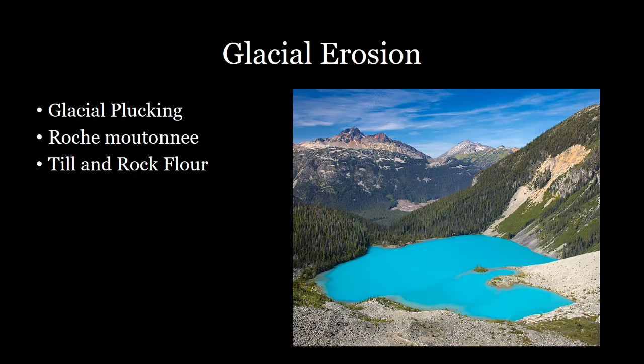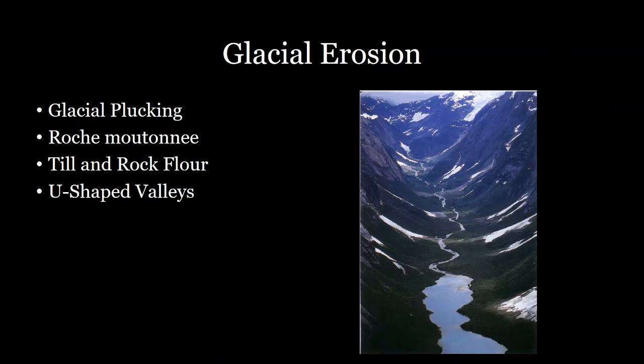Sometimes it produces some really beautiful color when you have white rock flour entering a blue lake. It tends to make these beautiful teal colors. So if you see a teal, milky colored lake like this, it's most likely formed by glacial rock flour flowing into it.